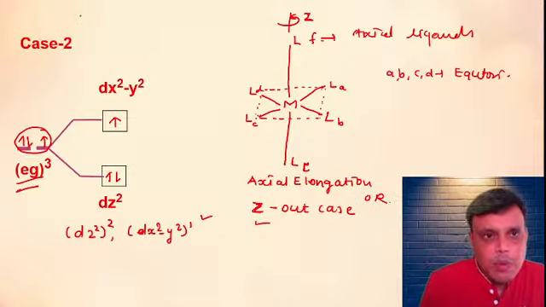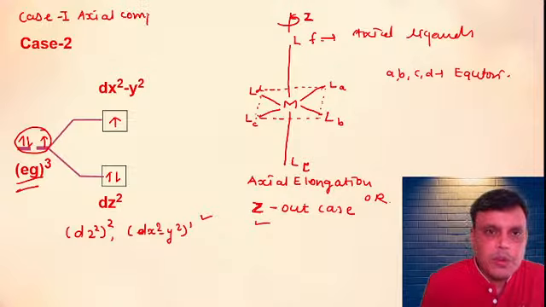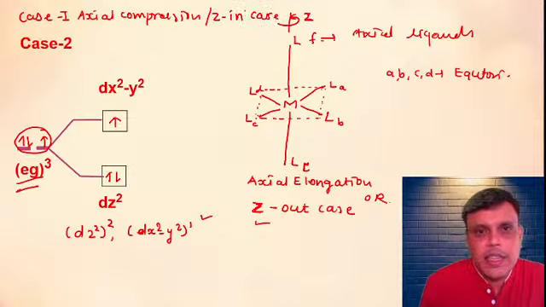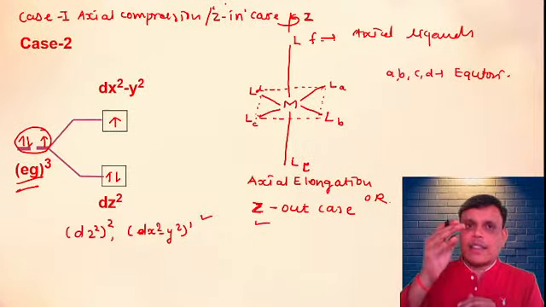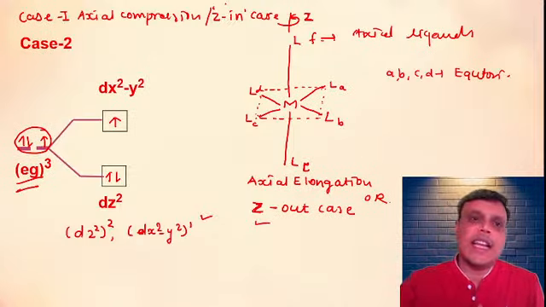So in case number 1, here I will write on the left top corner, case 1 is axial compression takes place, axial compression होता है इसमें, ठीक है. So that case is called a Z in case, because what happens in that case, the ligands on the Z axis become compressed, that's why it is called a Z in case.